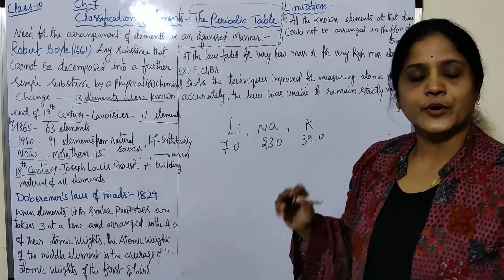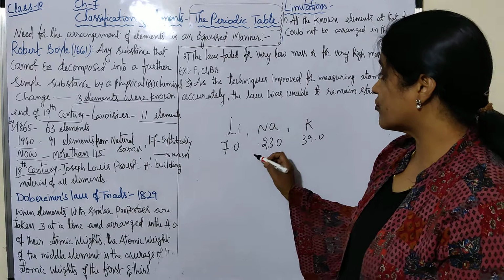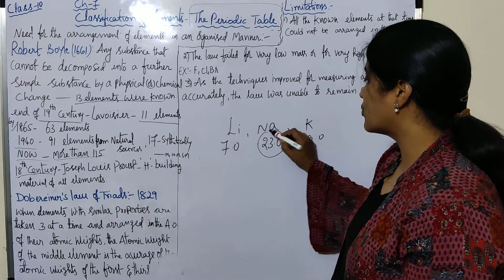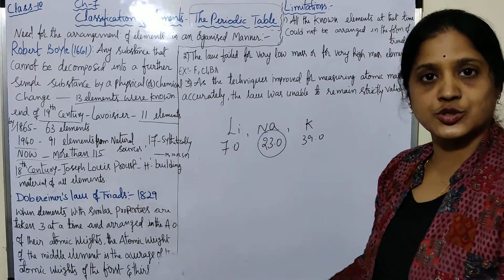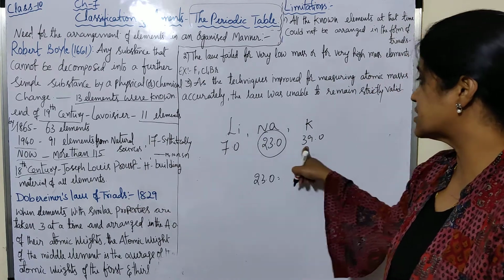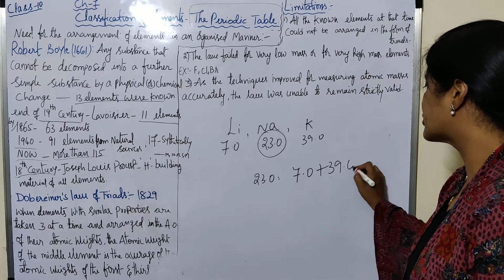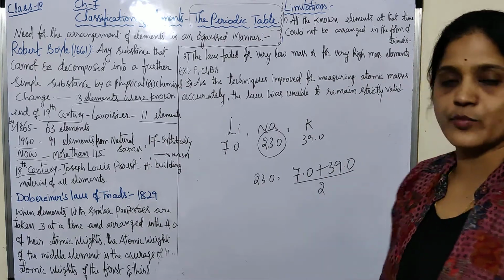And he proposed a law. What is that law? The atomic weight of the middle element is equal to the average of the atomic weights of the first and last elements.